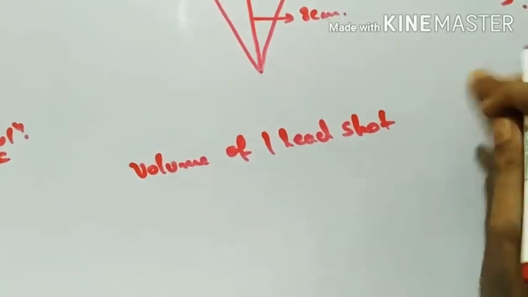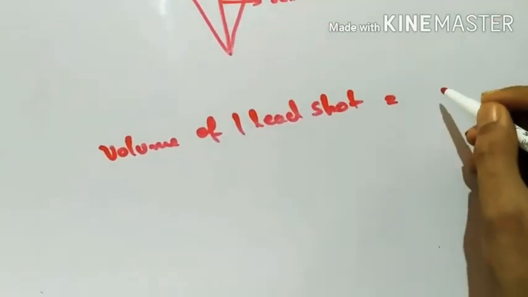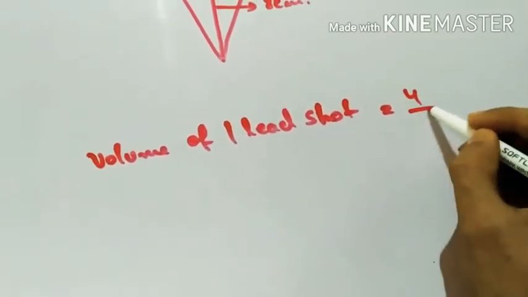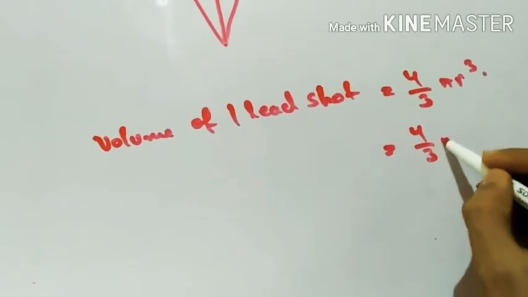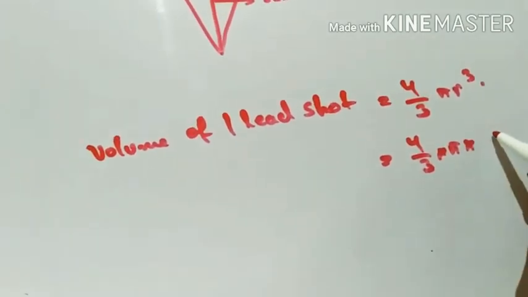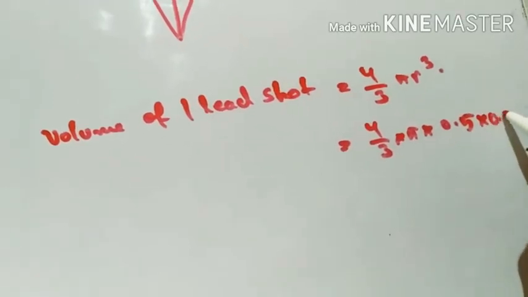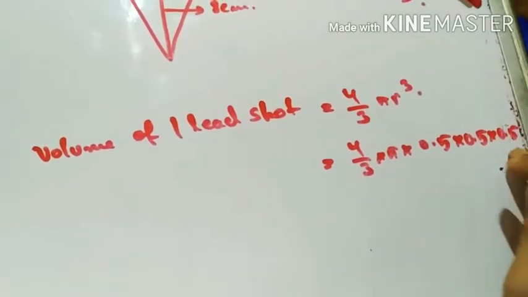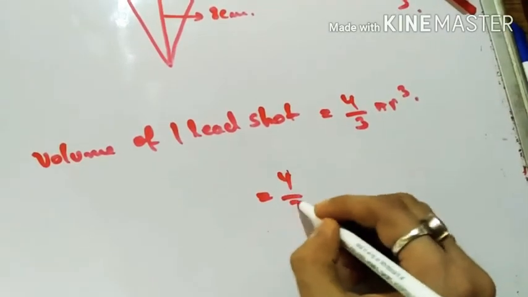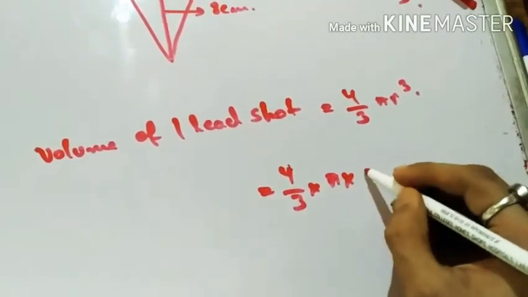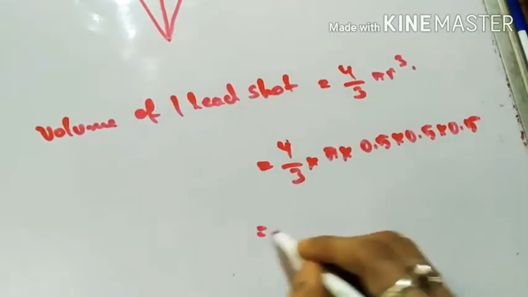Volume of one lead shot: it is in the shape of a sphere, so the formula will be 4 by 3 pi r cube, which is 4 by 3 into pi into 0.5 into 0.5 into 0.5.